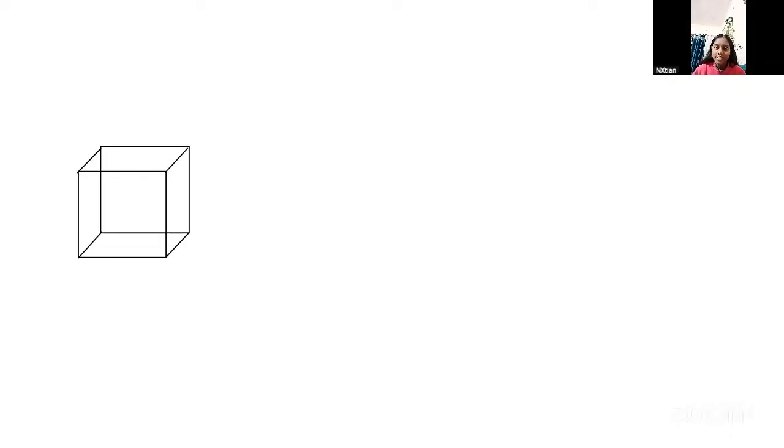6 faces are 6 squares. Area of one square was how much, Joshua? Area of square was side square. How many squares does the cube have? 6. So surface area of cube, same formula, we just multiply it with 6.